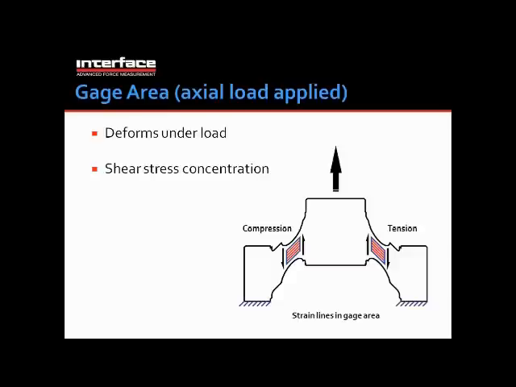In this case, the way I have it drawn here, we are applying a tensile load, and what we see is the gauge area, those blue squares that I had previously illustrated, are now being deformed, and what we have across what was once a square section is strain lines going across those sections. As you can see here, the right hand side of the flexure is under tension, while the left side of the flexure is under compression.